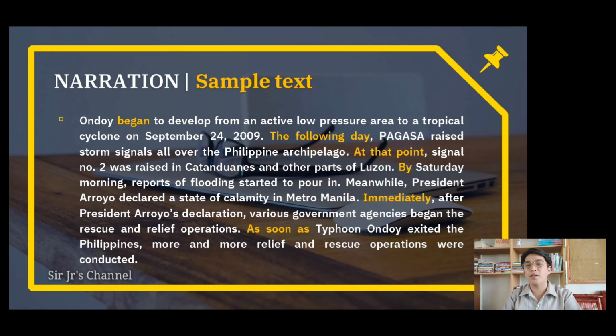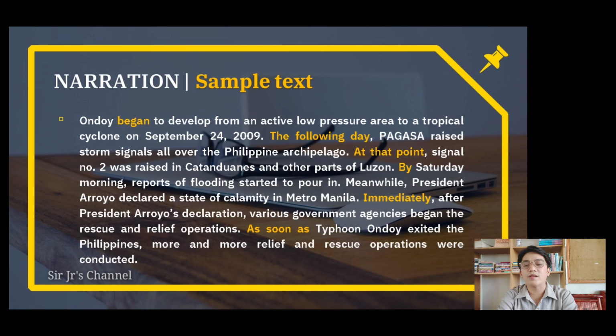Now, let's have some sample text. Let's try to determine why this particular text is an example of a narration. Ondoy began to develop from an active low-pressure area to a tropical cyclone on September 24, 2009. The following day, Pag-asa raised storm signals all over the Philippine archipelago. At that point, signal number 2 was raised in Catanduanes and other parts of Luzon.